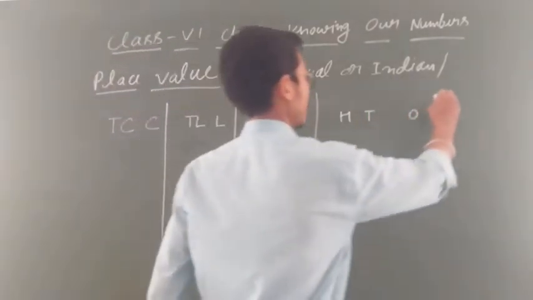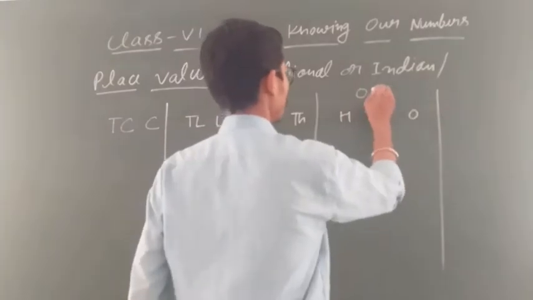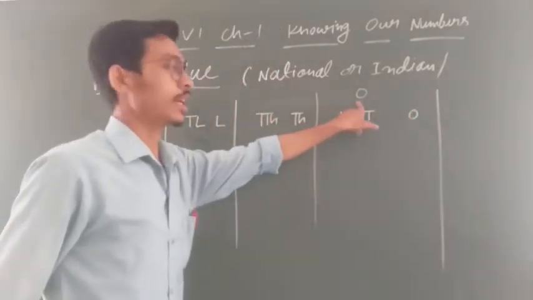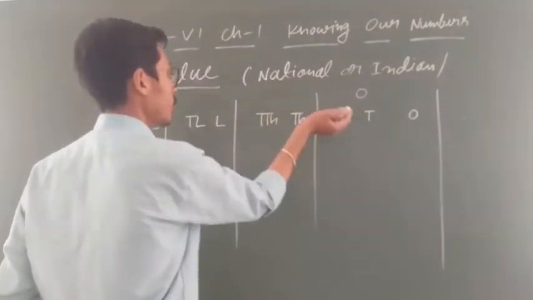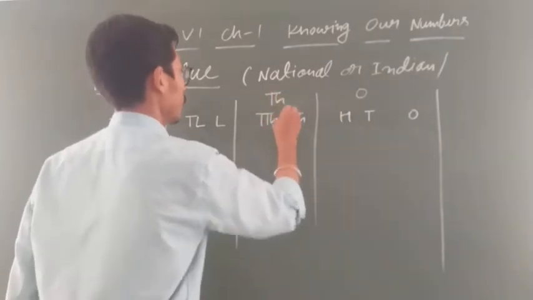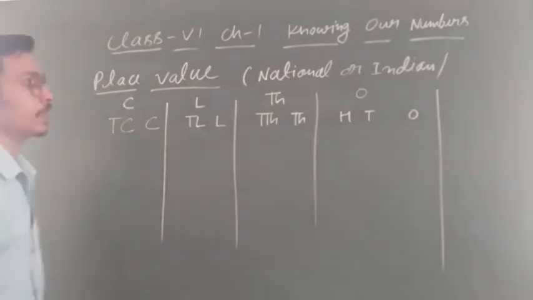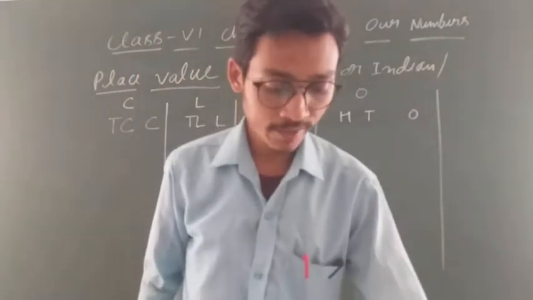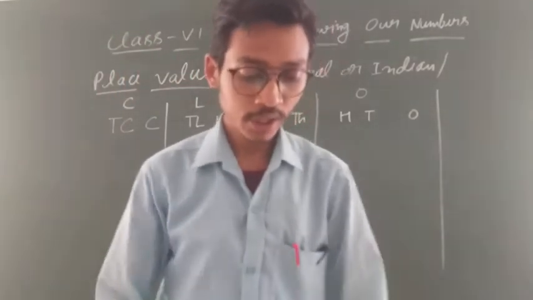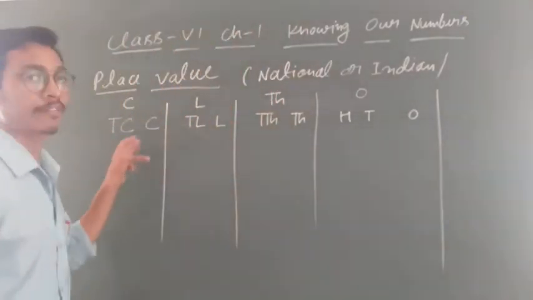अब देखिए, it will come on ones period, it will come on 1000, it will come on lakh, it will come on crore. देखिए, in your book the chart is given; if you see carefully, ones, 1000, फिर lakh, फिर crore. ठीक है ना?